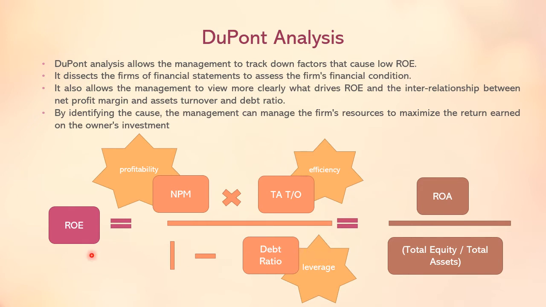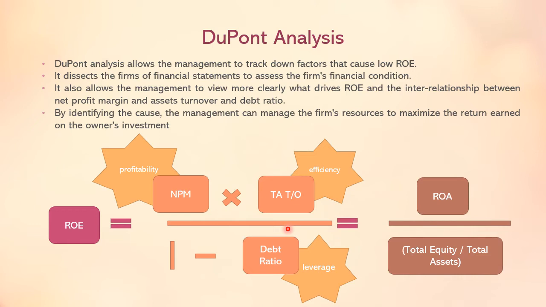So in order for us to have high ROE, we need to have high NPM, high total assets turnover, high efficiency, and high debt ratio. So why high debt ratio? Why is it important for us to have high leverage in order to have high ROE?